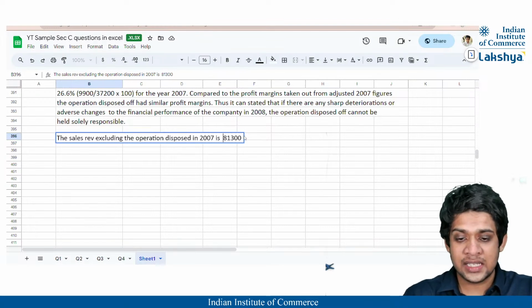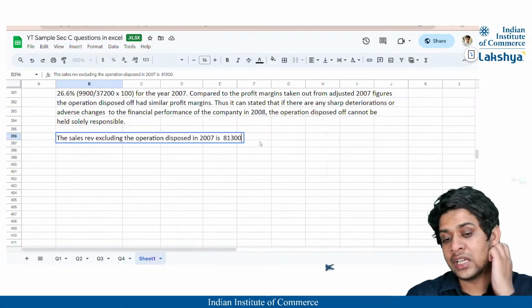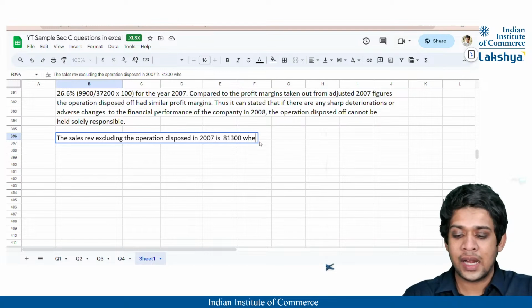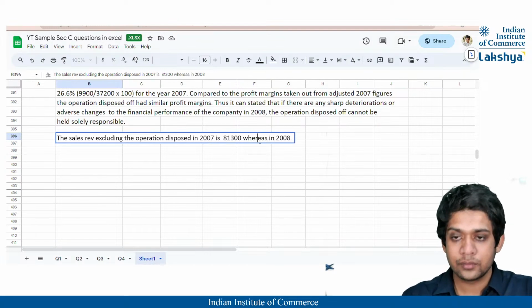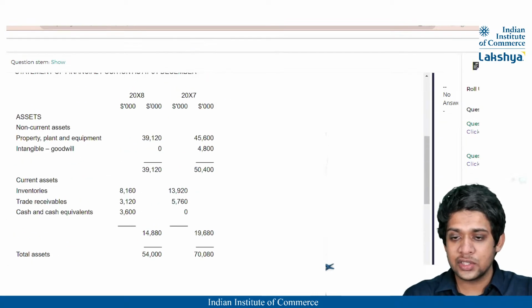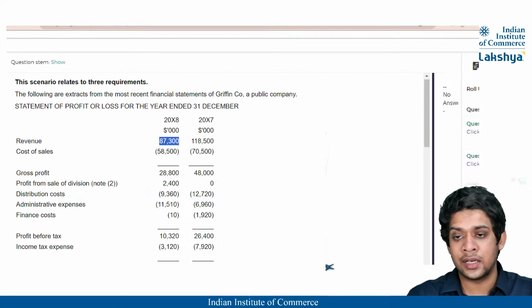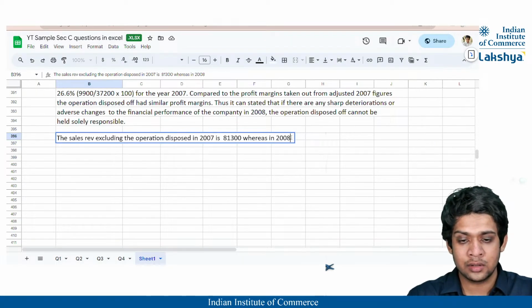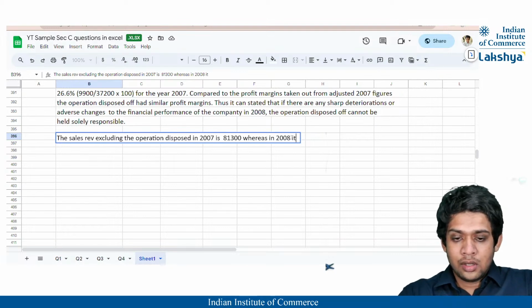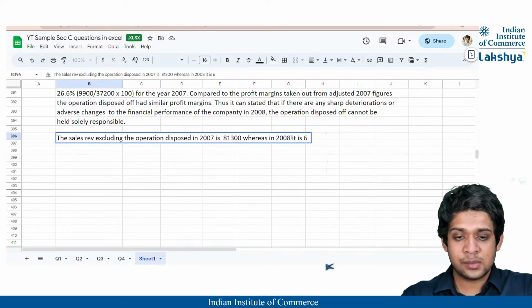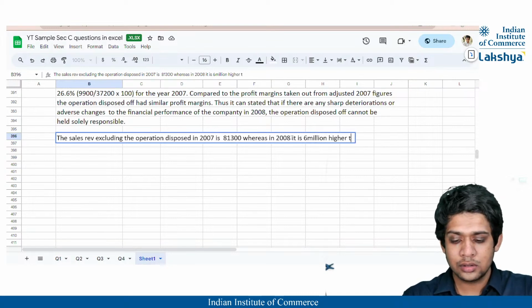right? So you can see the sales revenue in 2007 was 81,300, whereas in 2008 it is 6,000 higher than it, that is 87,300.